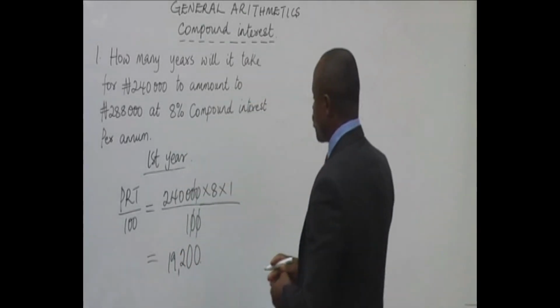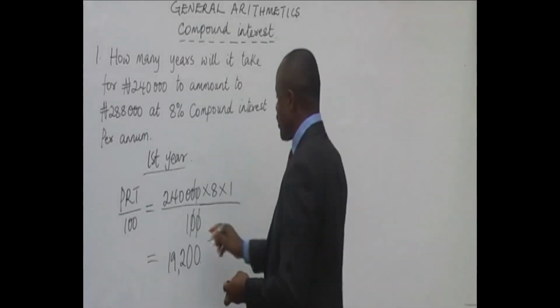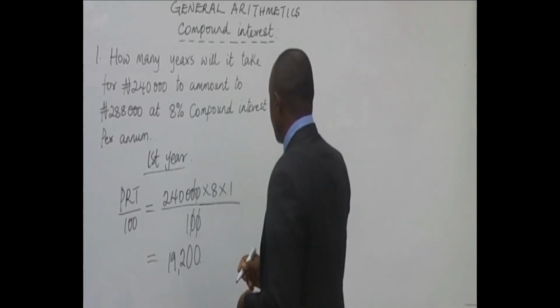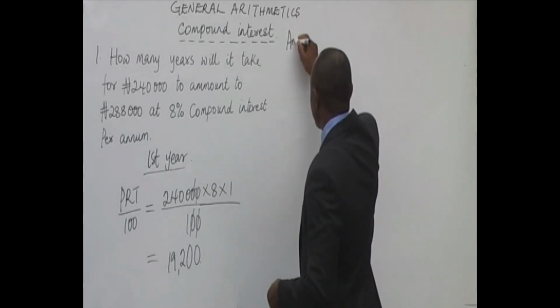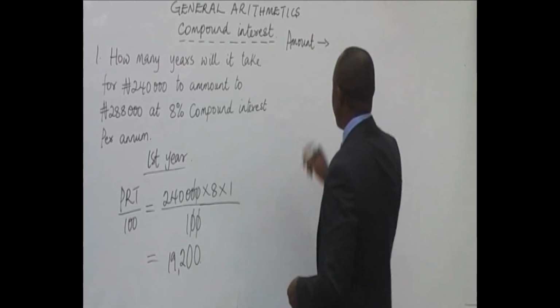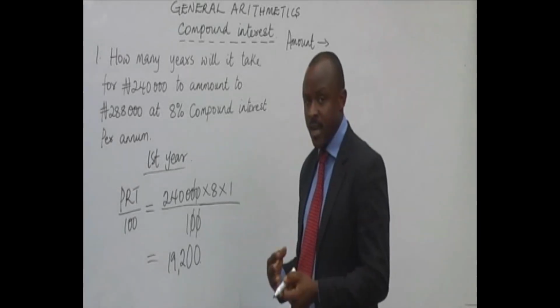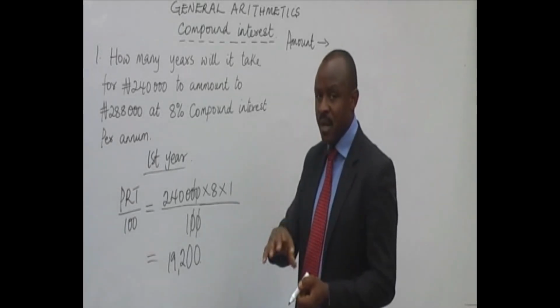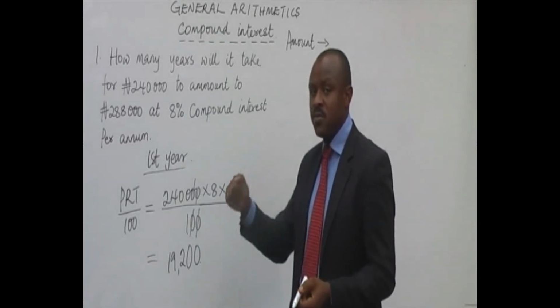That means the interest for the first year is 19,200. Then you are going to calculate what we call the amount. Amount is always the interest of the first year added to the principal of the first year. That will give you the principal you will use for the second year.